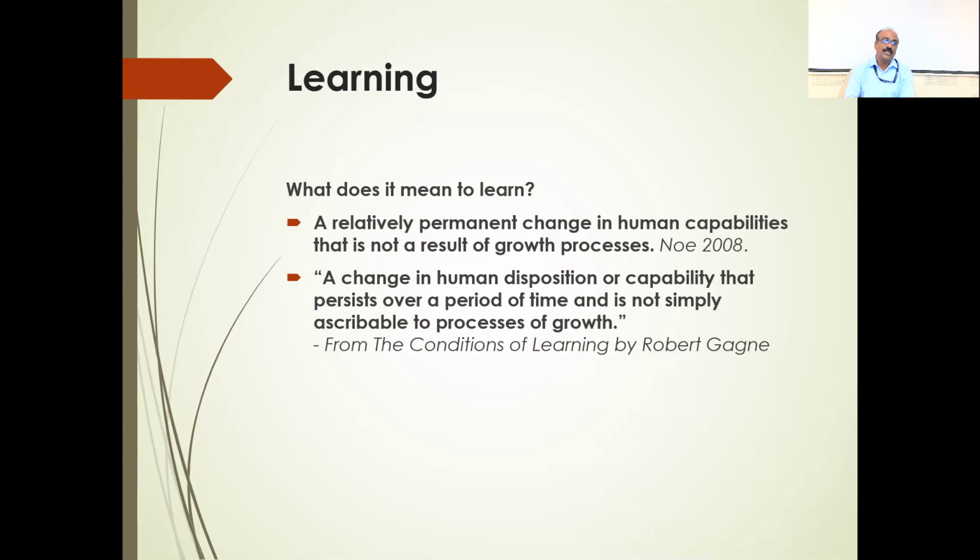Third one, the cause of the change is the learner's experience in the environment rather than due to fatigue or motivation or physical condition or physiological intervention. Malcolm Knowles, who is considered as the father of adult education, defines learning as the process of gaining knowledge and expertise.